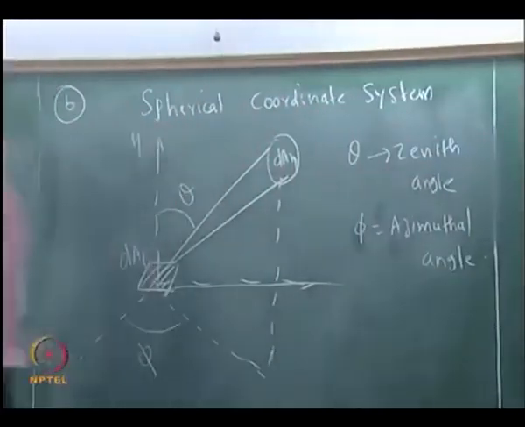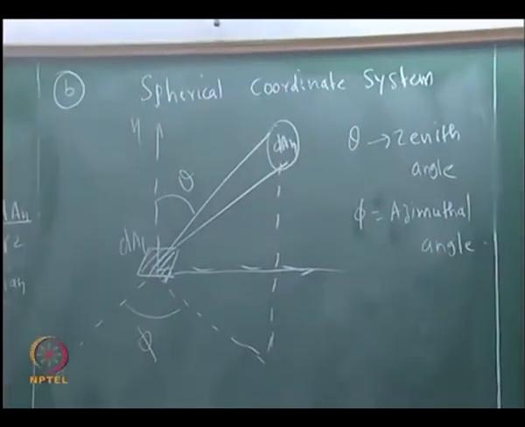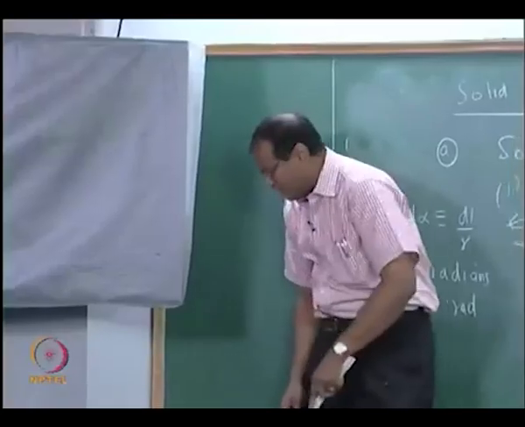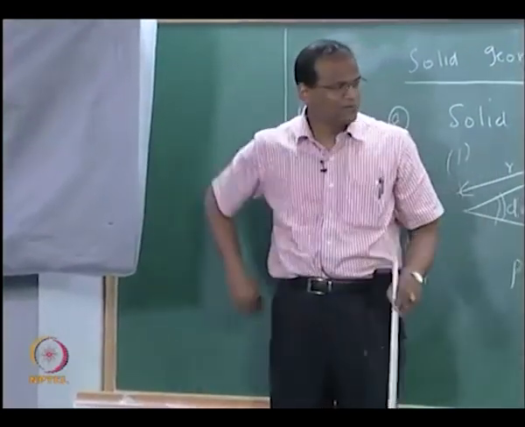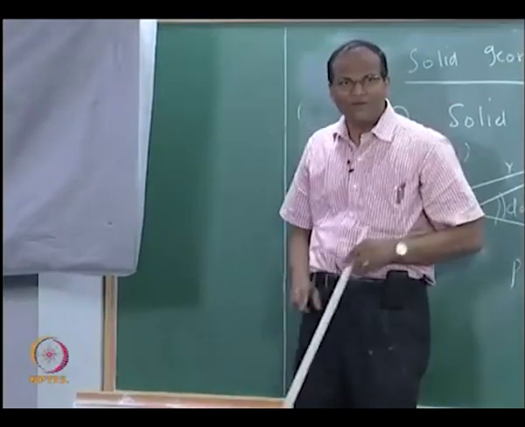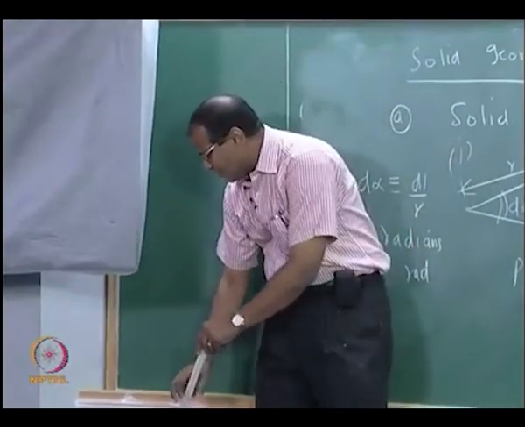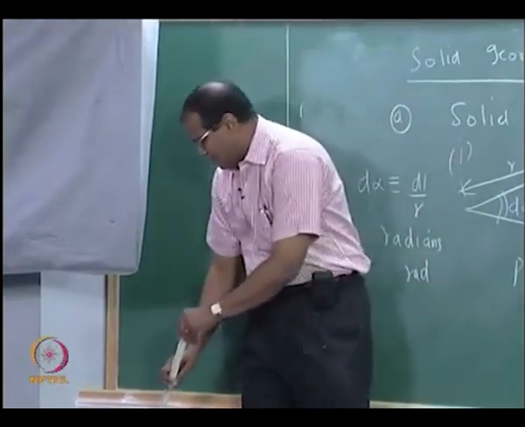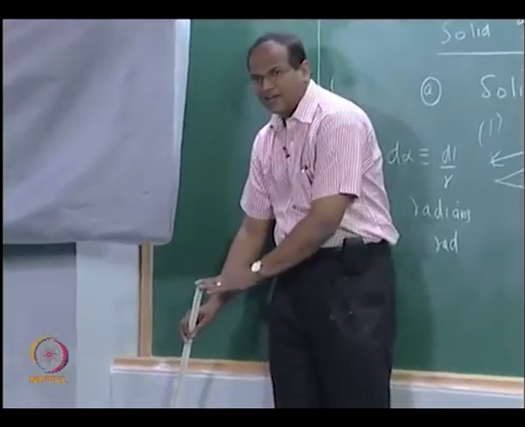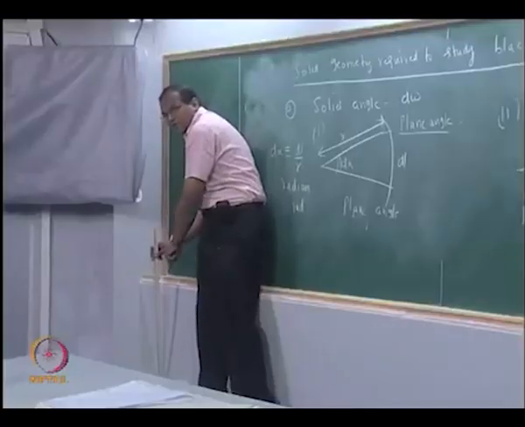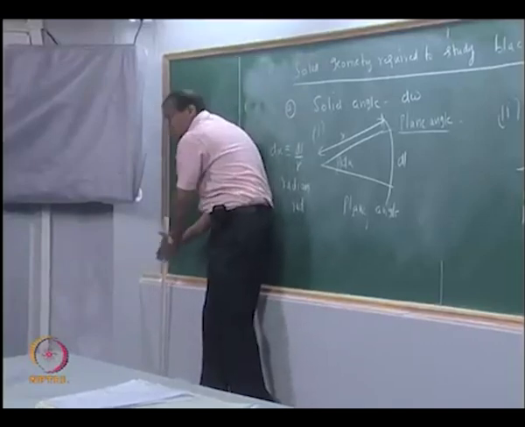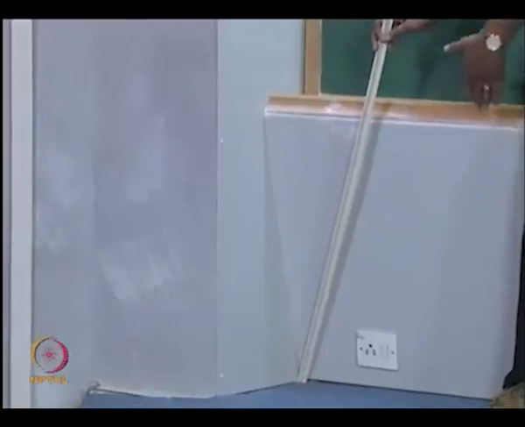Okay, let us start from this. This is x equal to 0, y equal to 0, z equal to 0. Is it okay? You are able to see? So this is x equal to y equal to z equal to 0, that point. So let us consider some DAN here. If we shine light on it, there will be a shadow. What is the deflection from the horizontal, from one of the axes?